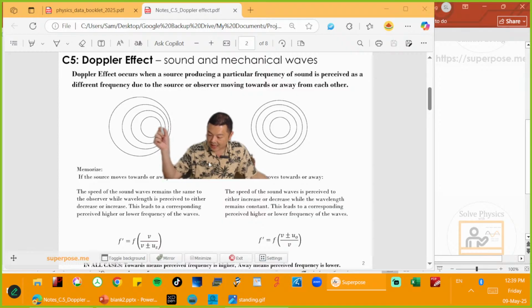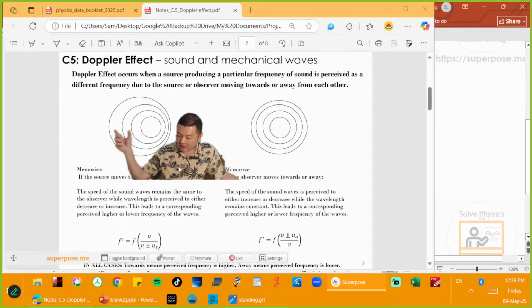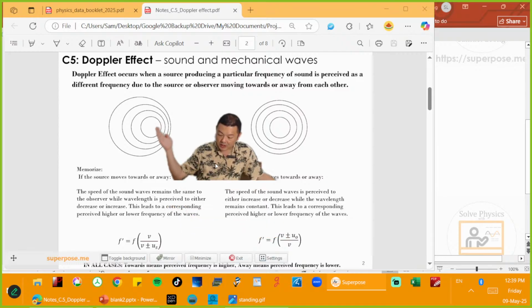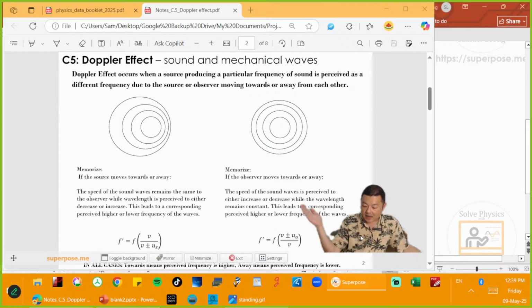Do you not see that the gaps between the circles are getting smaller and smaller, and on this side here it gets bigger and bigger? So the wavelength is perceived to change because the source is moving. But here the source is not moving. The source of the sound is staying there. He's not chasing the waves in any direction, so the waves he's sending out all have a constant wavelength. That's the reason why.